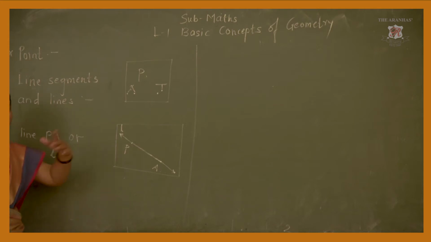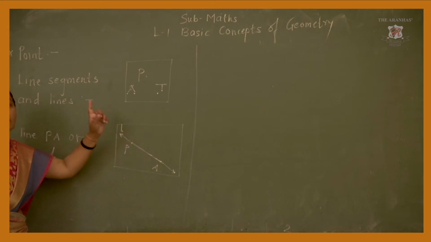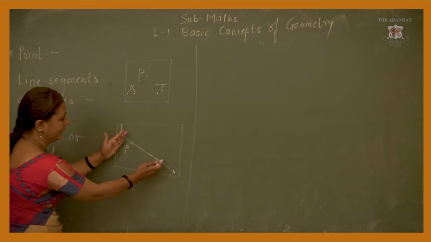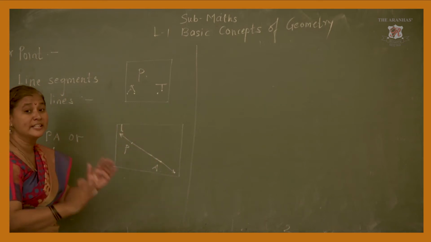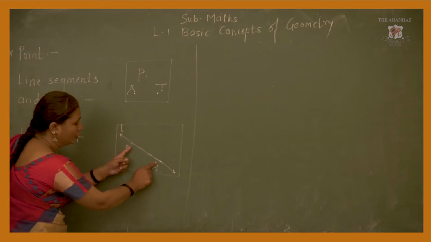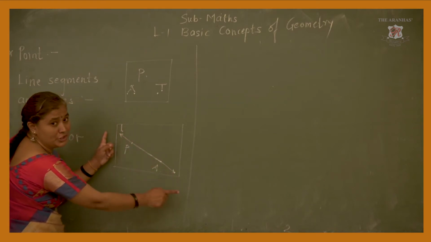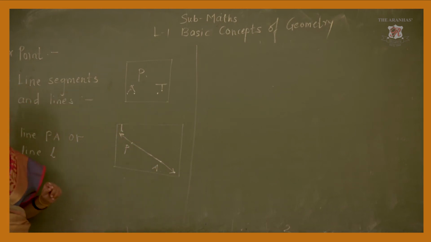Now I am again repeating, when the 2 points are joined by a ruler, then we are getting a straight line, and that straight line is called line segment. And when the 2 points are extended in the opposite two directions with the arrows, it is called line.